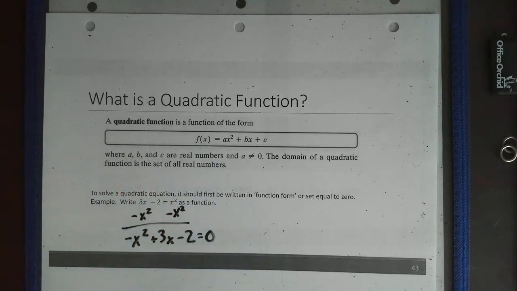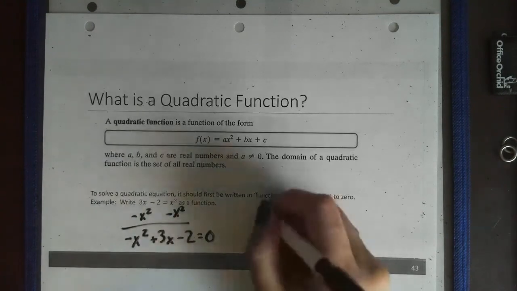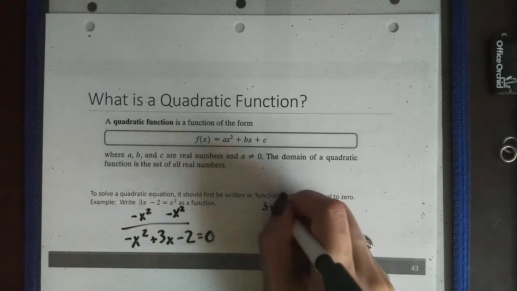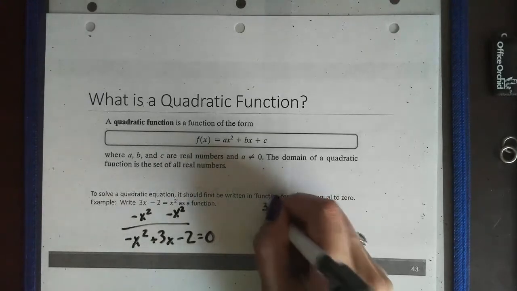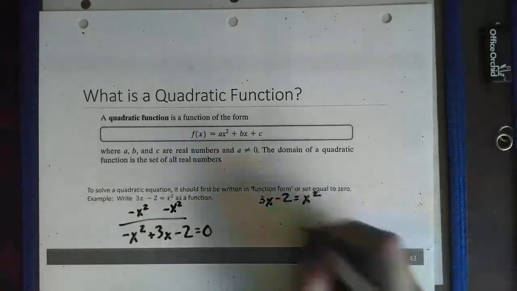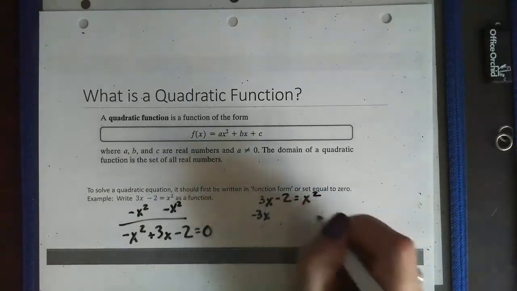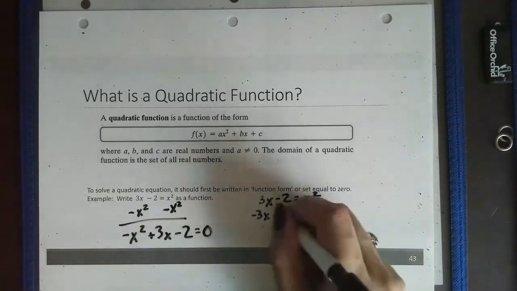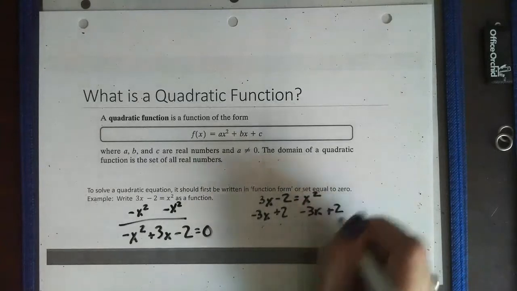That's fine, that's technically right, it's a good answer. But we will notice as we go on with this section that more often than not, it's better to have a positive x squared than a negative x squared. So I'm going to take a look at another way to solve this. If we have 3x minus 2 is equal to x squared, instead I can subtract 3x from both sides and add 2 to both sides.